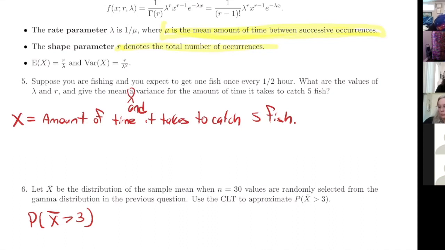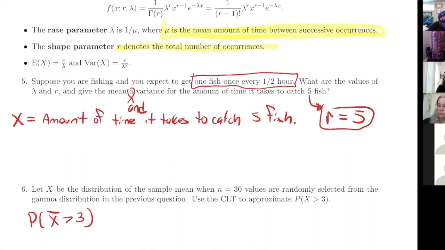Again, what we know is we catch 1 fish every half hour. So we know here that the shape parameter is 5 because we want to know how long it is going to take us to catch 5 fish.